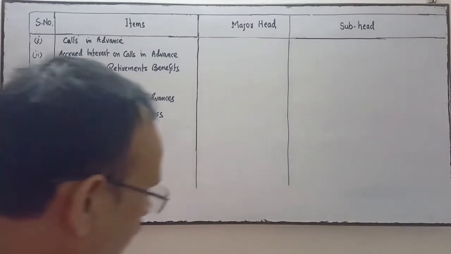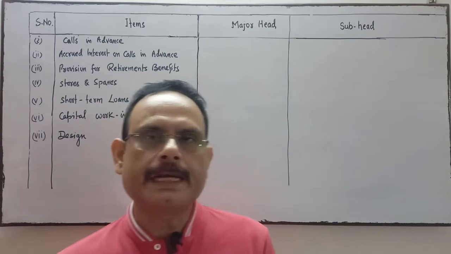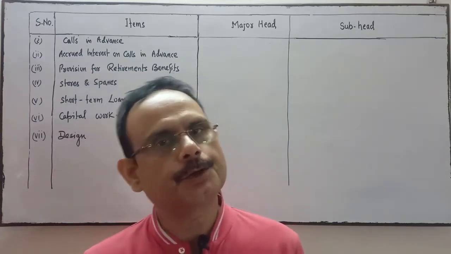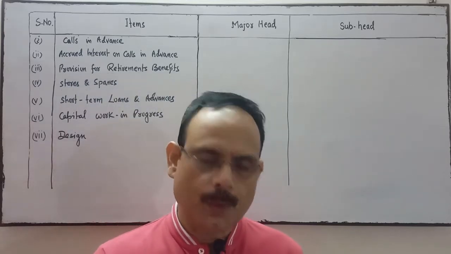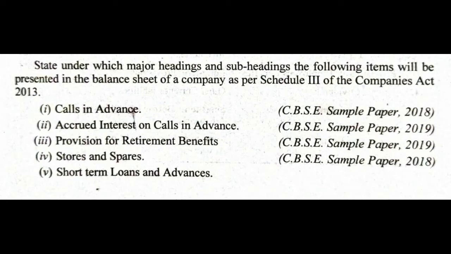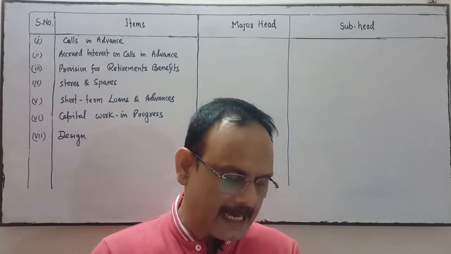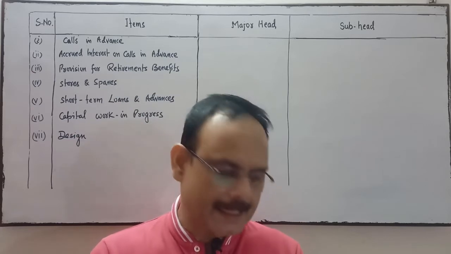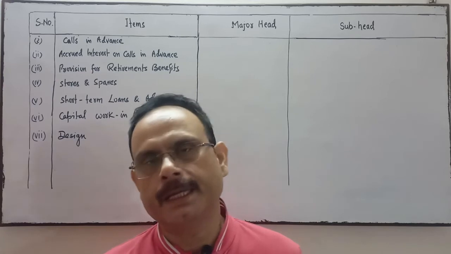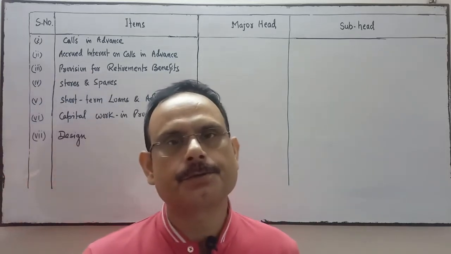The next question is based on the same. State under which major headings and subheadings the following items will be presented in the balance sheet of a company as per Schedule III, Part I of the Companies Act 2013.